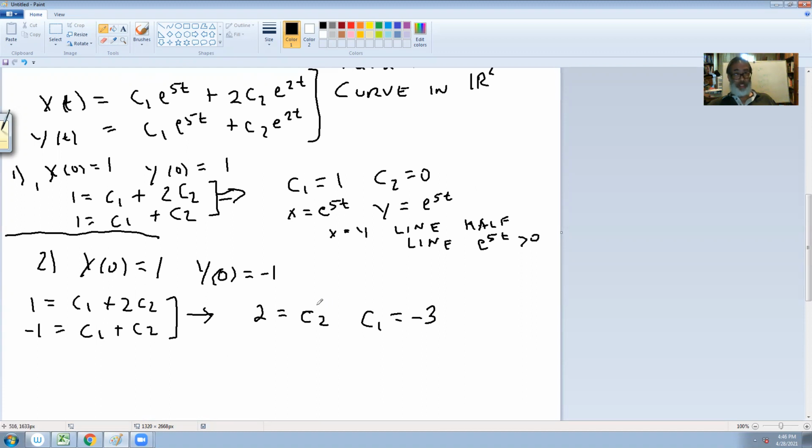So our solution here looks like this, with C1 and C2.